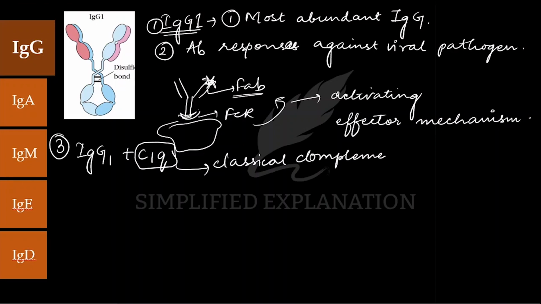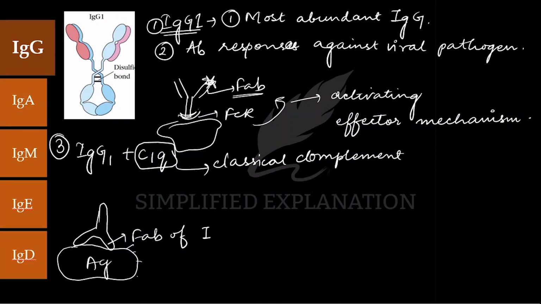Suppose this is the IgG antibody, and the Fab region has bound with the microbe. This is the antigen, this is the Fab region of IgG1, and this is the Fc region.